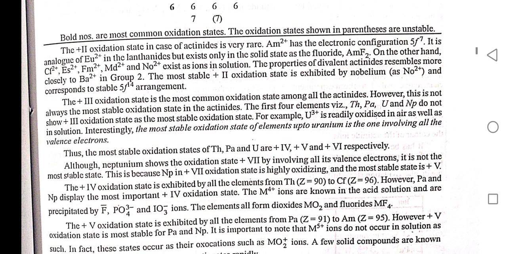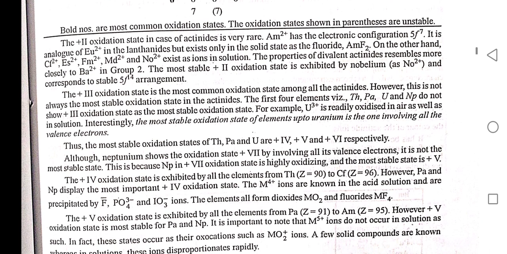The +2 oxidation state in the case of actinides is very rare. Am2+ has the electronic configuration 5f7. It is analogous to Eu2+ in the lanthanides but exists only in the solid state as the fluoride AmF2.